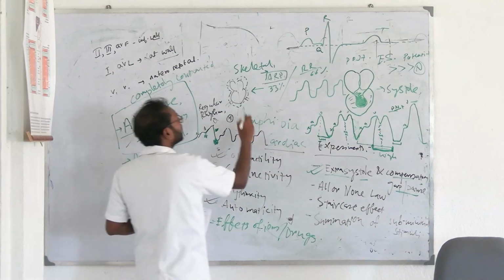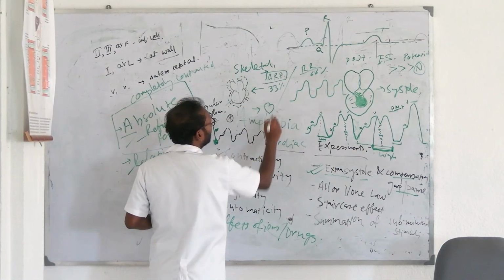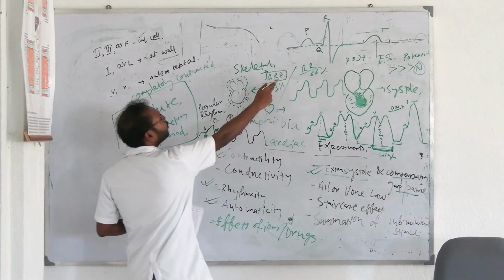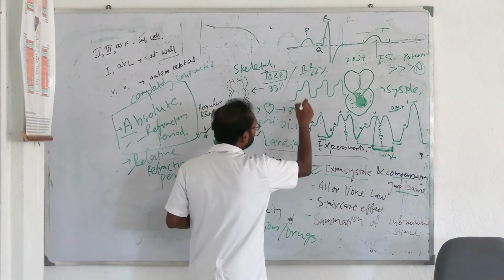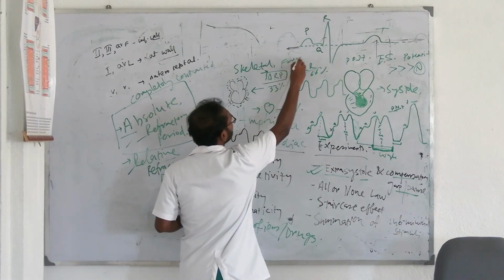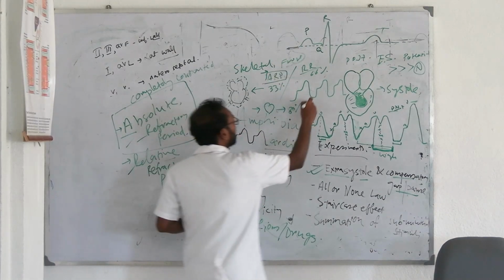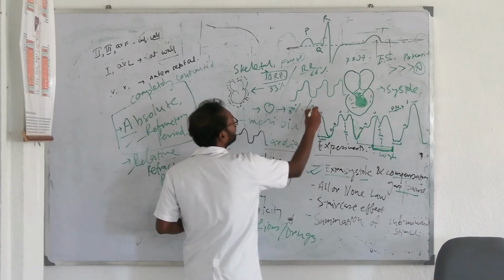But in case of cardiac muscles, in case of heart muscles, this absolute refractory period is almost 80%. In case of frogs, obviously, 80%, and this relative refractory period is only 20%.